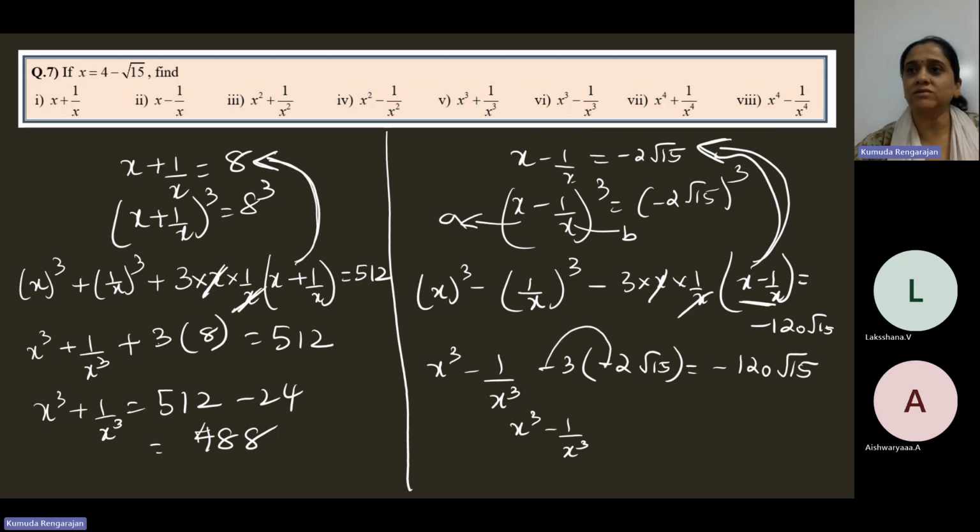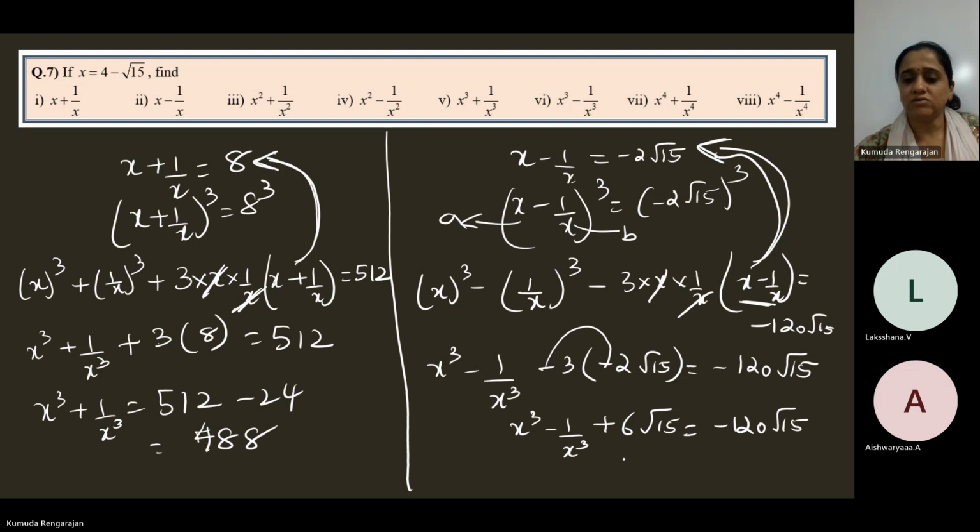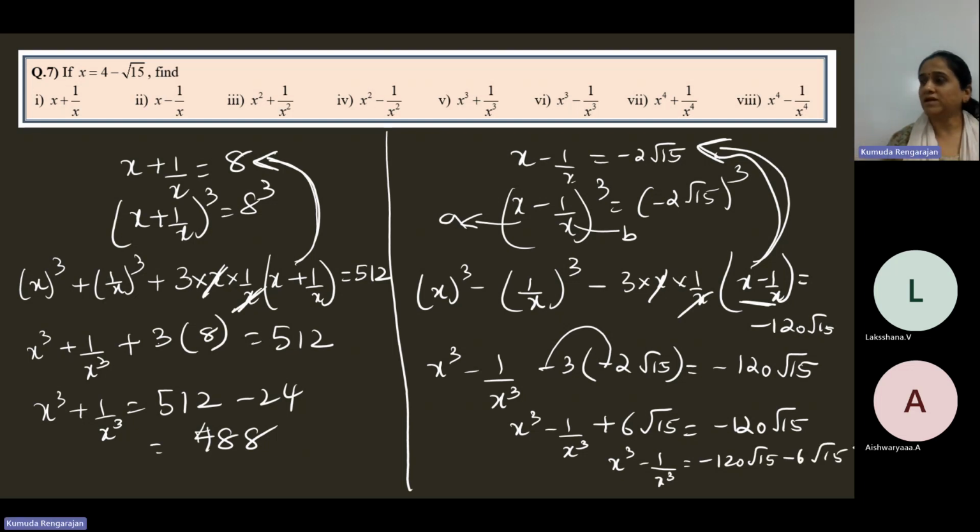Yeah, minus into minus is plus, 3 into 2 is 6 root 15, is equal to minus 120 root 15. So x cubed minus 1 by x cubed is equal to minus 120 root 15 minus 6 root 15, so it is minus 126 root 15.